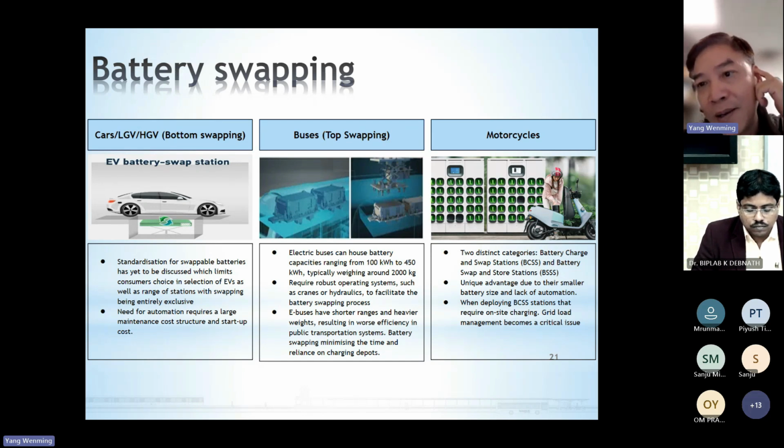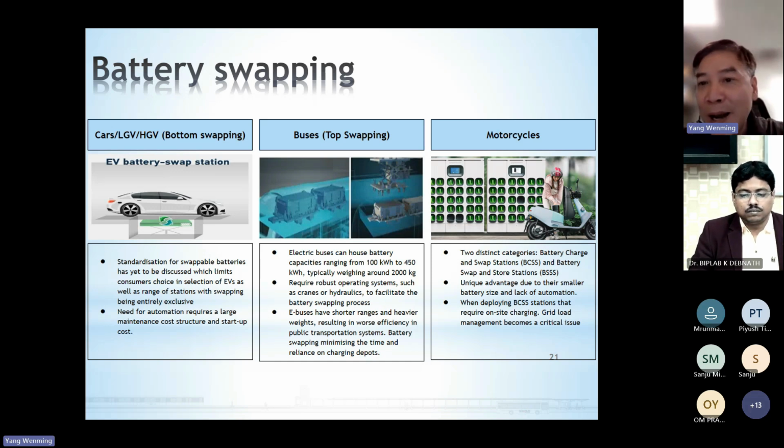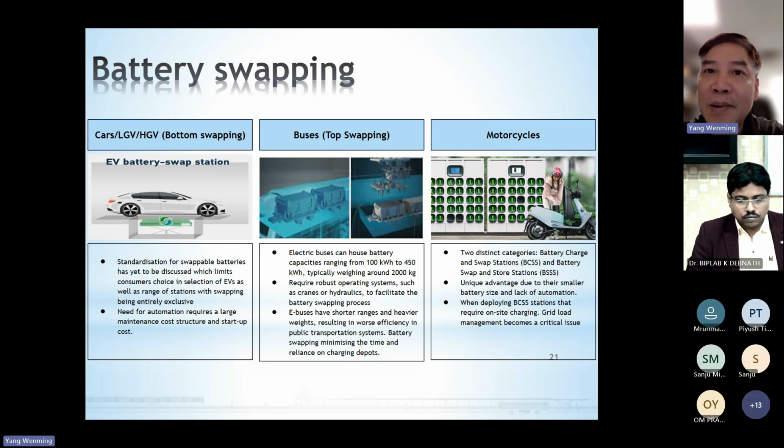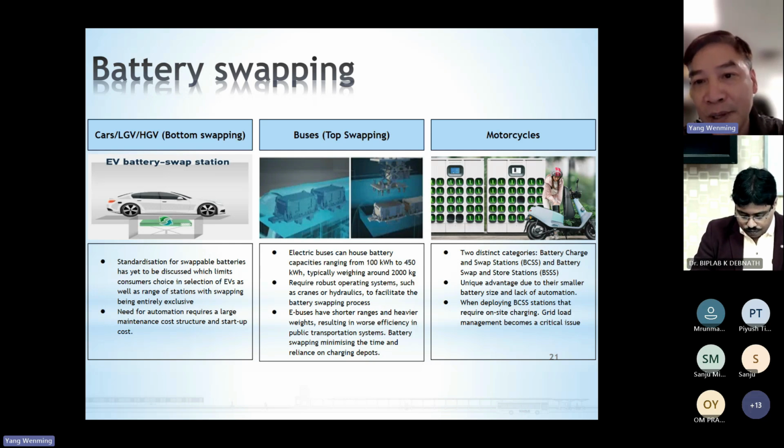For scooter applications, currently this is only for trial. It's not really used in practice because it's very challenging. One company doesn't have sufficient funds to install swapping stations everywhere.